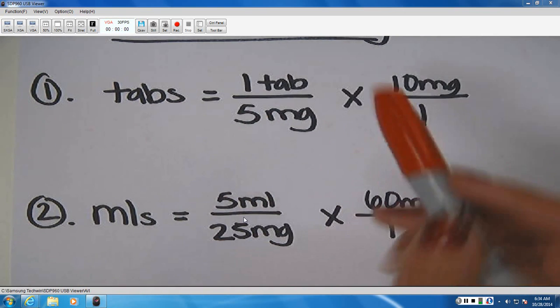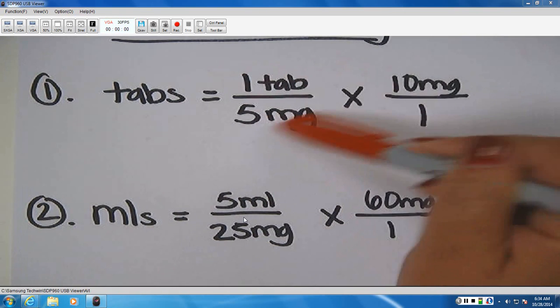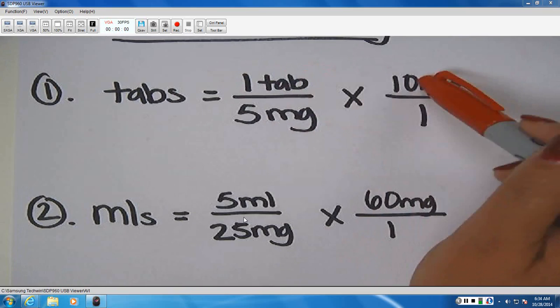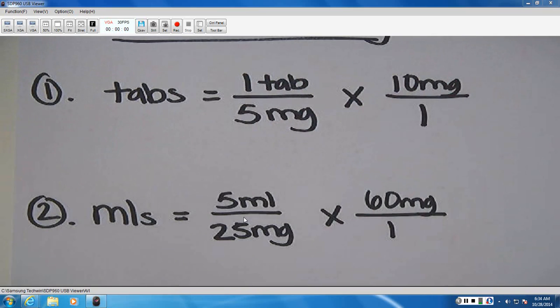The first step in your equation, and you'll notice that these are all set up in fraction format, is the dosage of medication that you have on hand. So on this one, the doctor has ordered glycoside 10 milligrams.